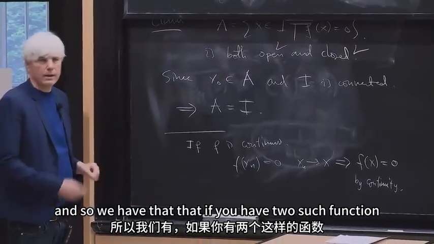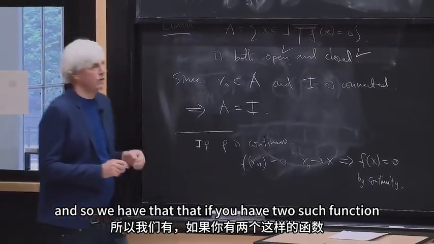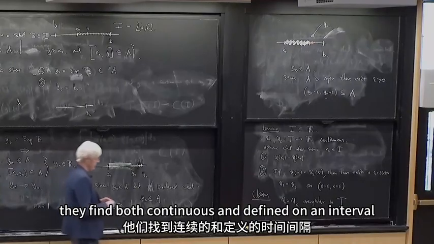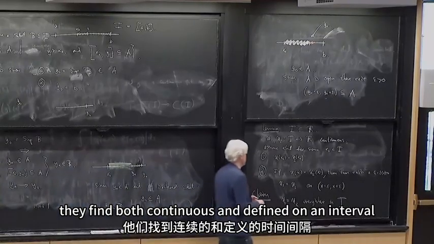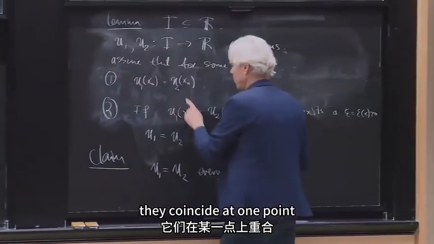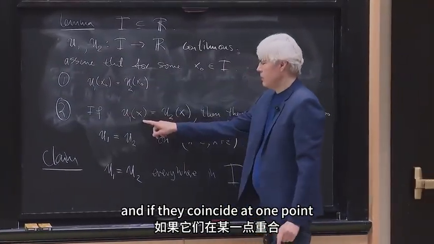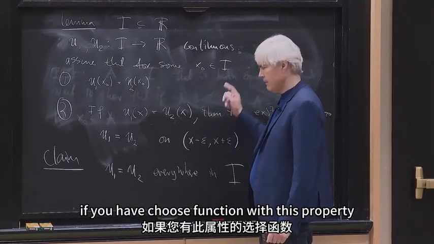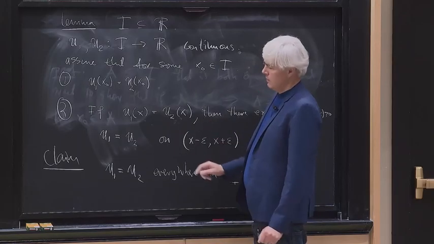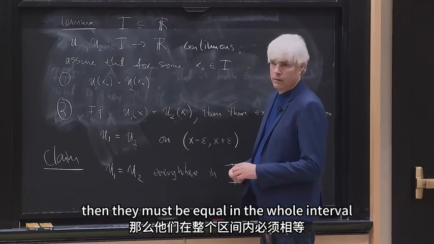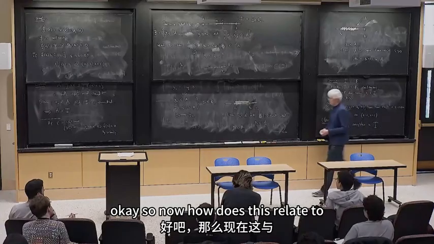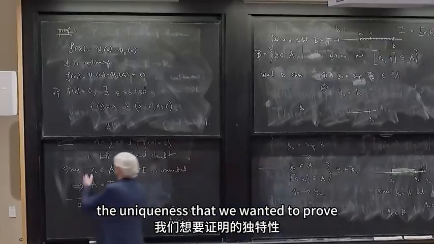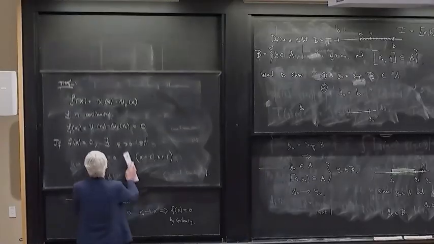And so if you have two continuous functions defined on an interval, and they coincide at one point, then they coincide in a little neighborhood. If you have two functions with this property, then they must be equal in the whole interval. Okay. So now, how does this relate to the uniqueness that we wanted to prove?